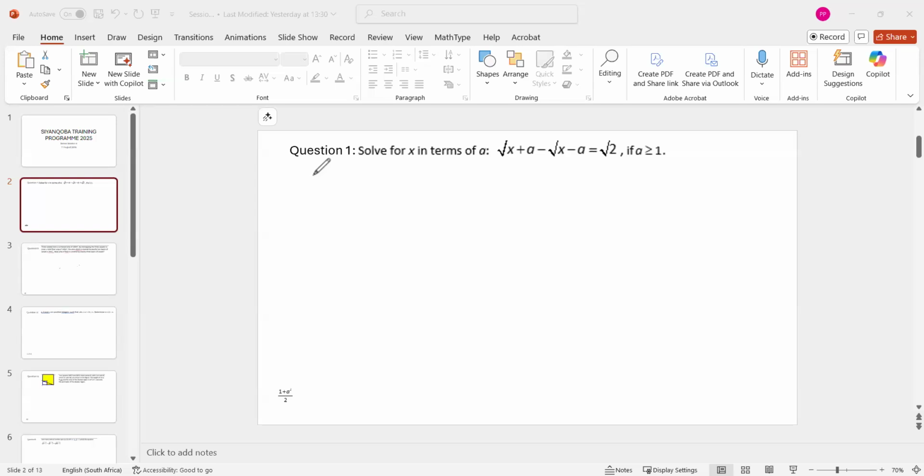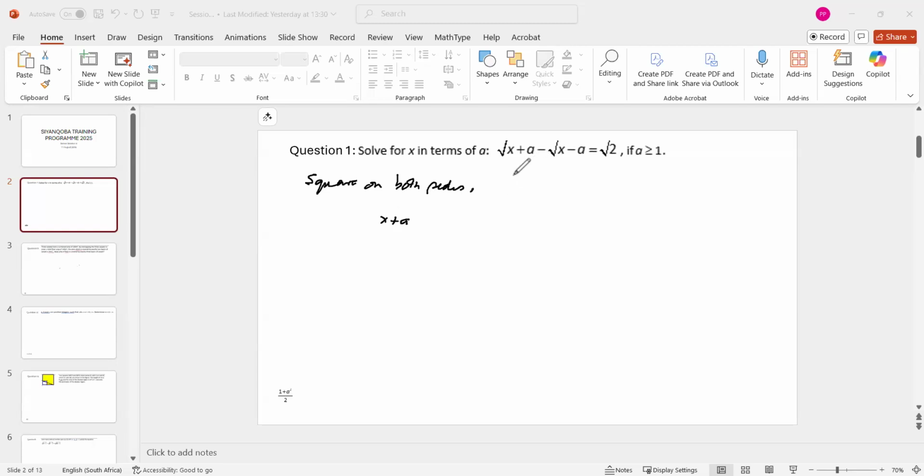So when you square on both sides, remember the square of a square root is itself. The square of square root of 25 is 25. It's 5 squared. Okay, so the first part becomes x plus a.